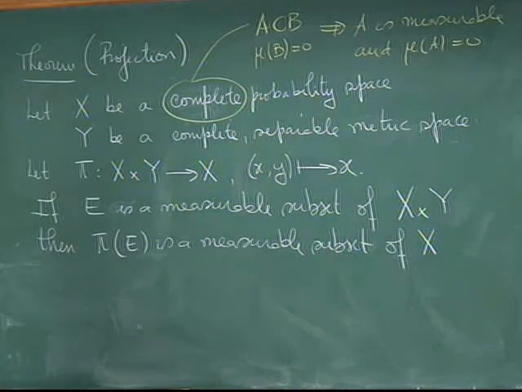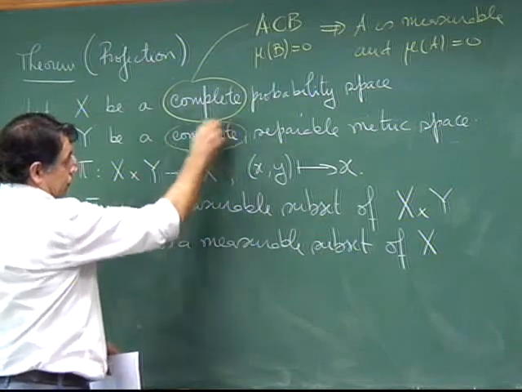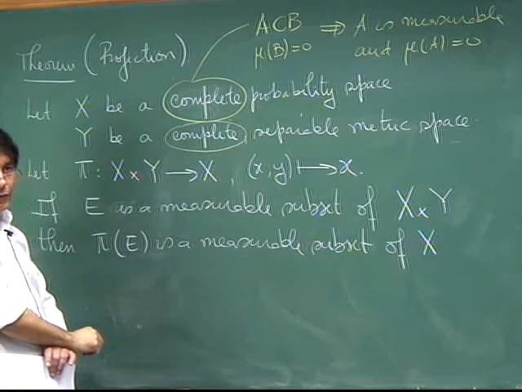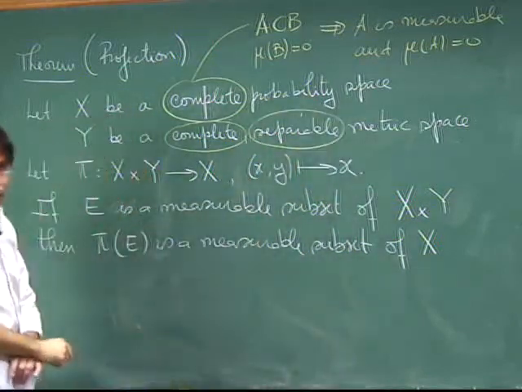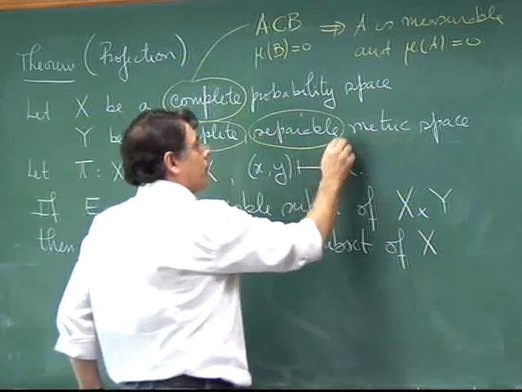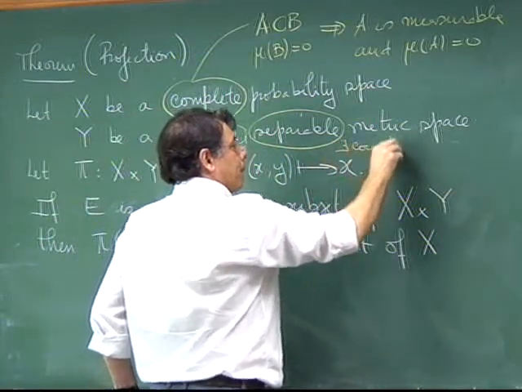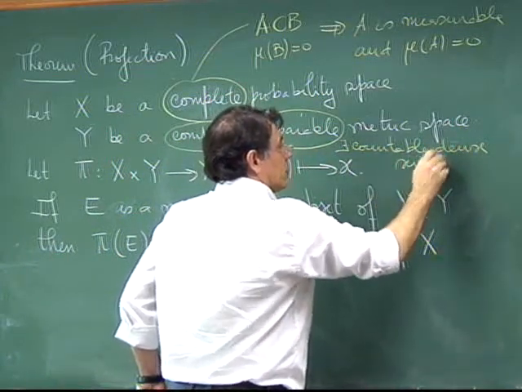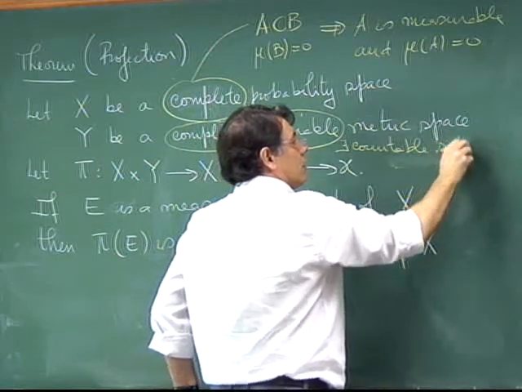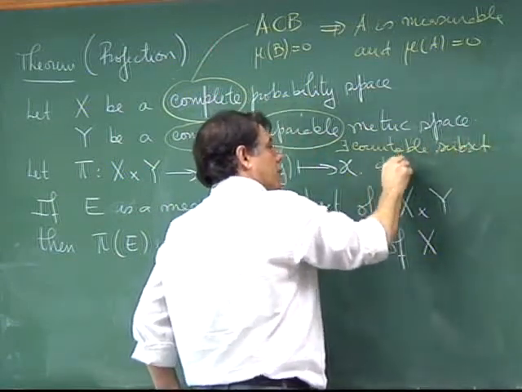Complete probability space is a space where any subset of a set of zero measure is measurable. Okay? Complete here means something completely different. Means that every Cauchy sequence is convergent. Separable means that there exists a countable dense subset. There is this countable subset dense in the space.